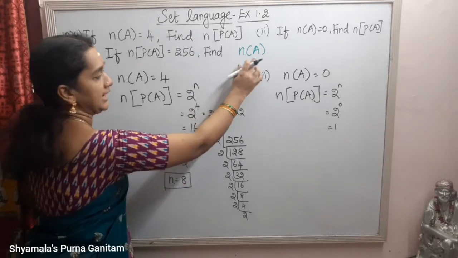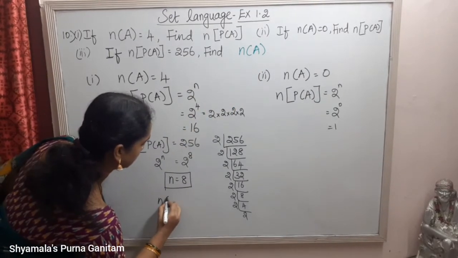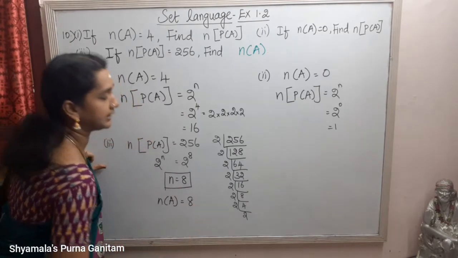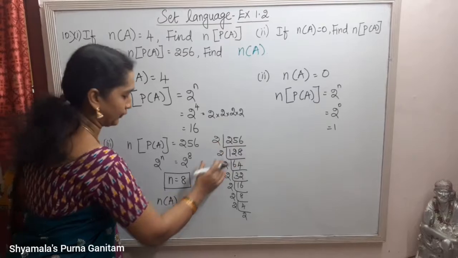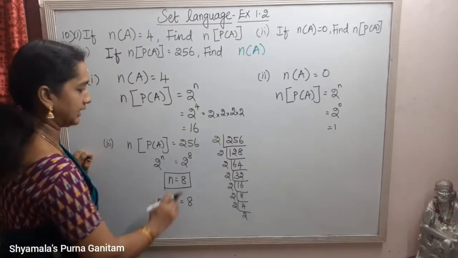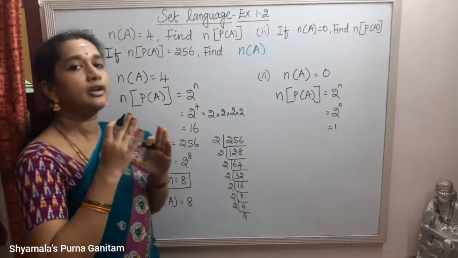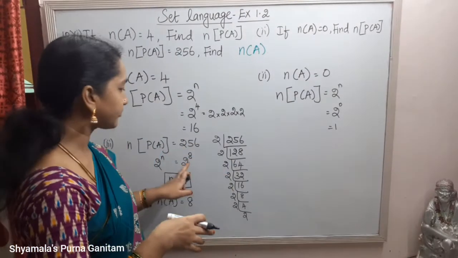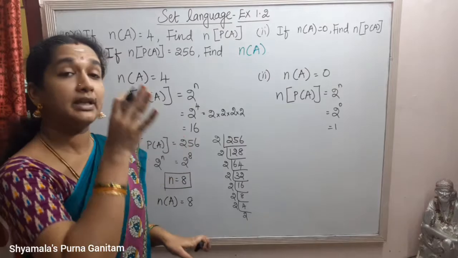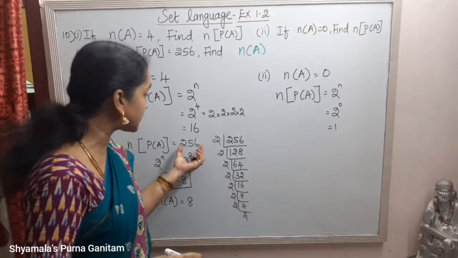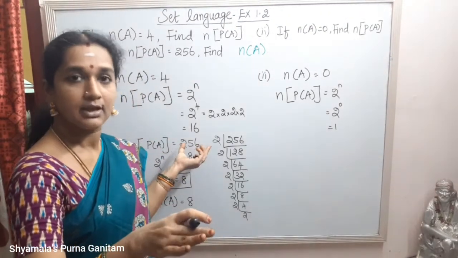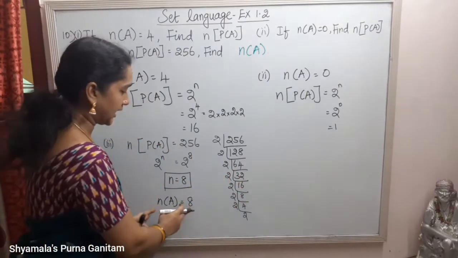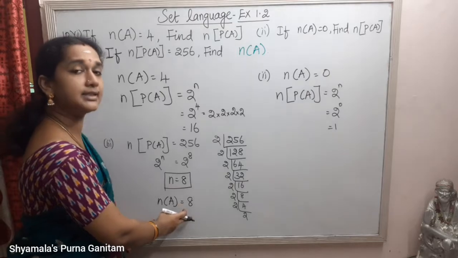So here n of A, that is the number of elements in the set with 256 subsets, is 8. If the number of subsets is 256, what will be the number of elements in the set? The number of elements in that set is 8.